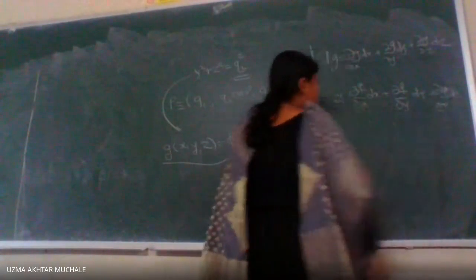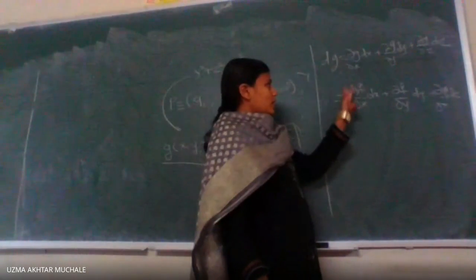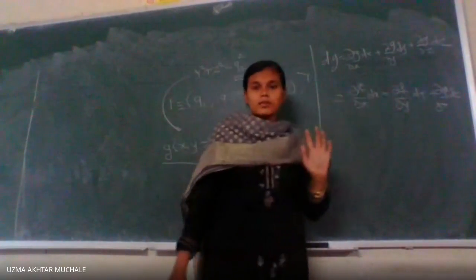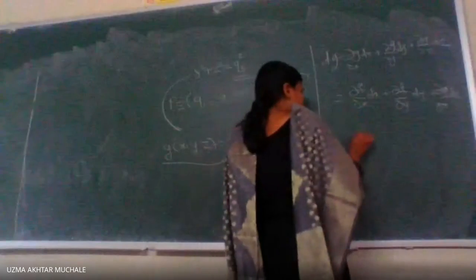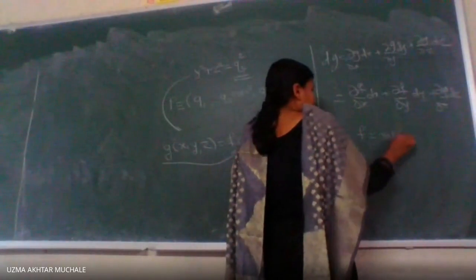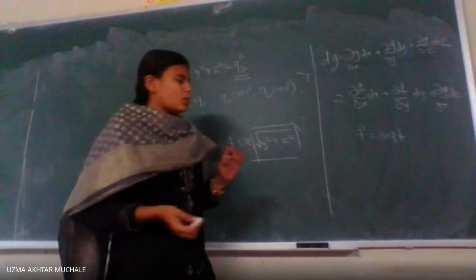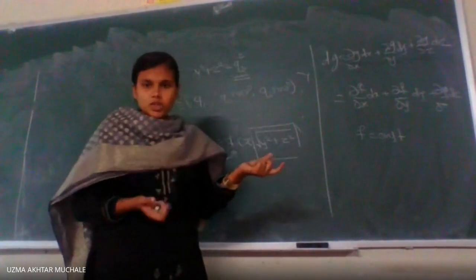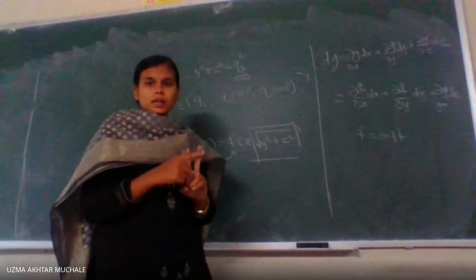Okay, but if I want to say that dg is equal to 0, I have to verify whether all these dou g by dou x, dou g by dou y, dou g by dou z are equal to 0. All will be equal to 0 only if your function f is a constant. If f is constant, then only the derivative of a function will be 0. But as we have been given that f is one equation of a curve, it consists of two variables x and y.